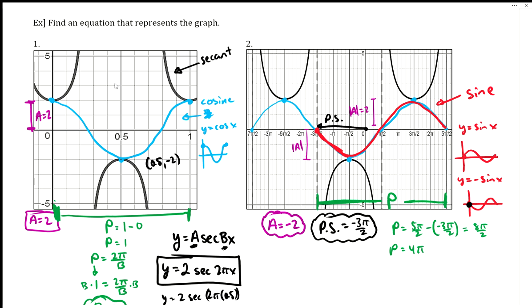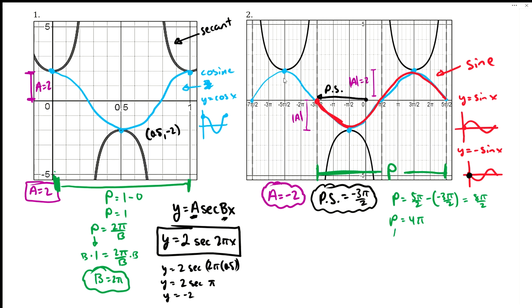Okay, however, just like the last problem, once we have the period, that's great, but what we really need is b. So we're going to solve for b here, because we know the period is 2 pi over b. Our period is 2 pi over b, and then let's change the period to be 4 pi.